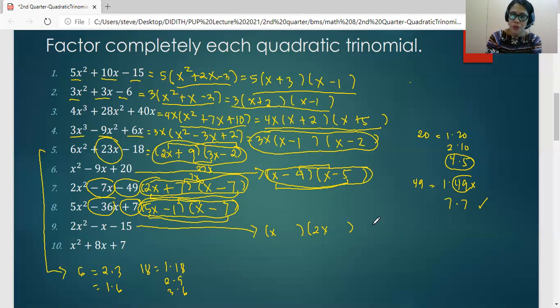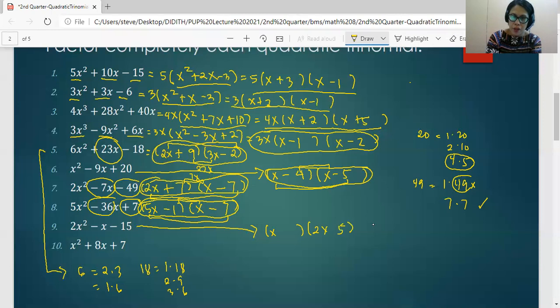Okay, so if we will place 5 here, and then 3 here, the product of 3 and 2x is 6x, and then this is 5x. If we subtract the 2, that would give us x.